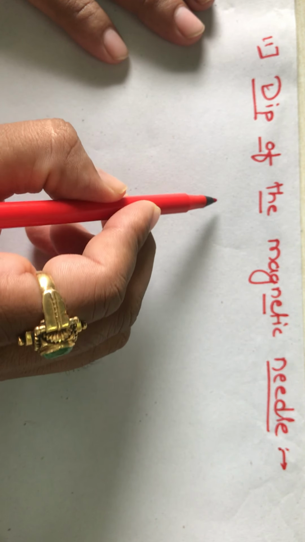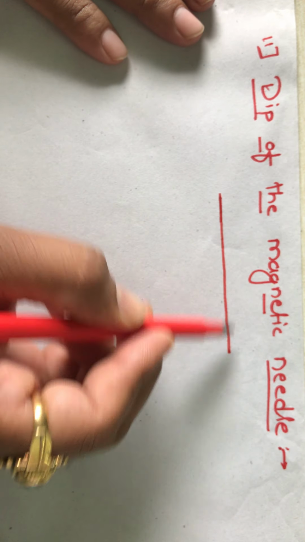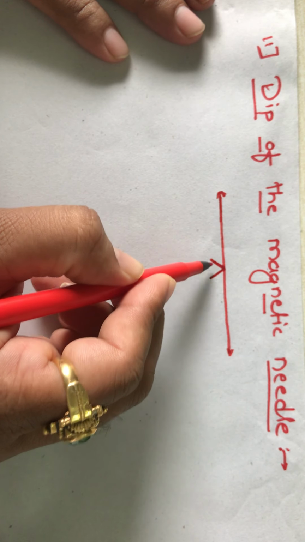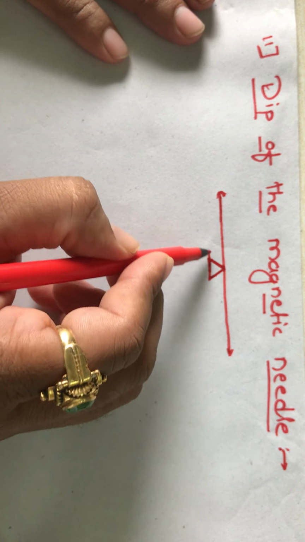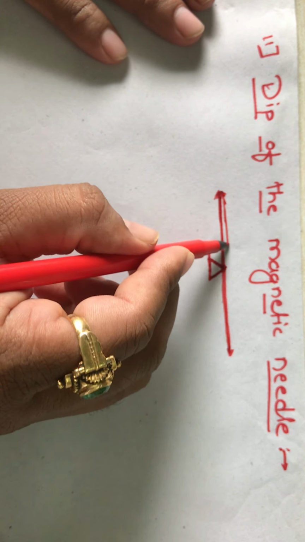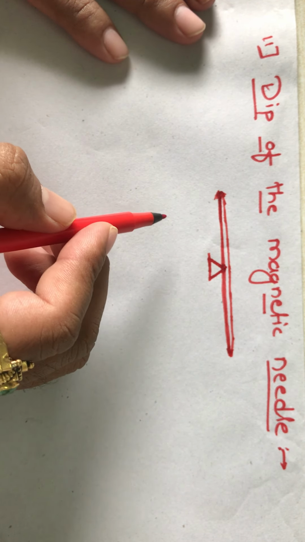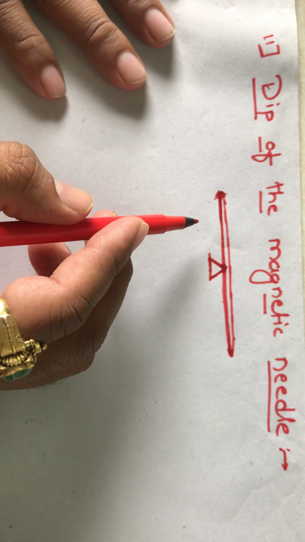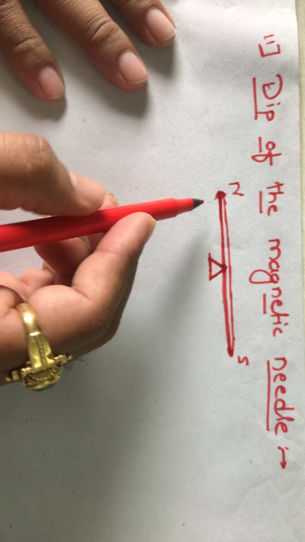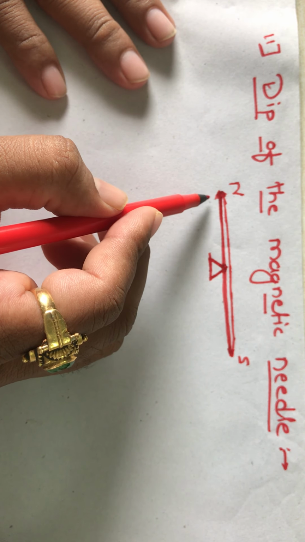See, I told you in the magnetic meridian we have a needle. Suppose this is a needle which is freely suspended over a pivot point. Suppose this is the north and this is the south pole.